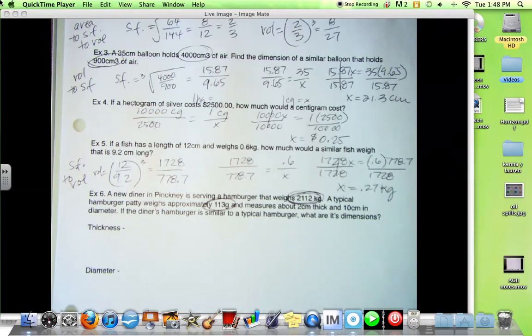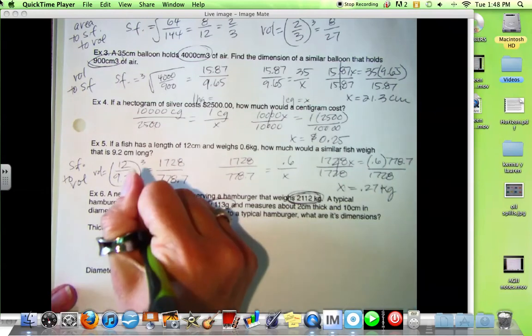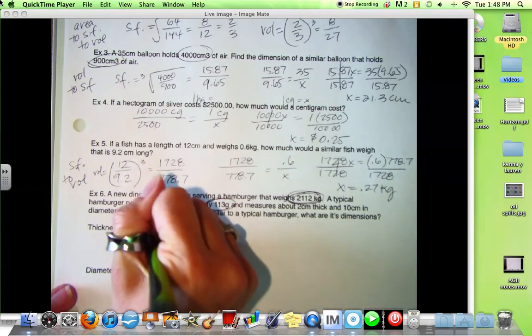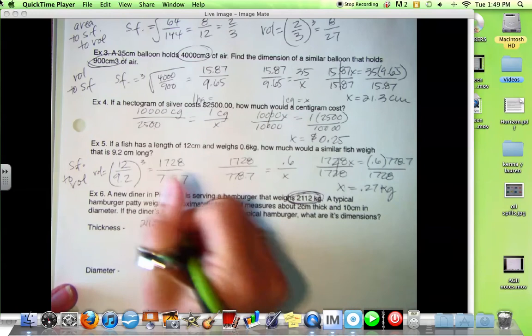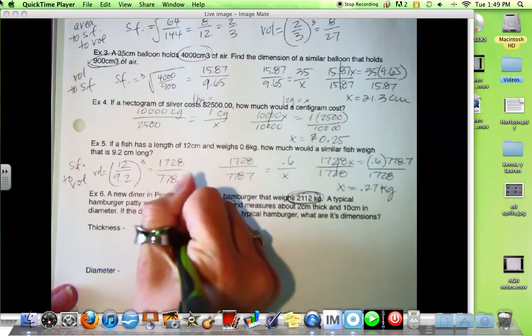Alright, so Isabella said we need to change our units. So what do you want to change? The kilograms to grams or the grams to kilograms? Kilograms to grams. So you're going from kilo to grams. So how many are you moving? Okay, so you have 2,112, and then we need to put on 3 zeros.